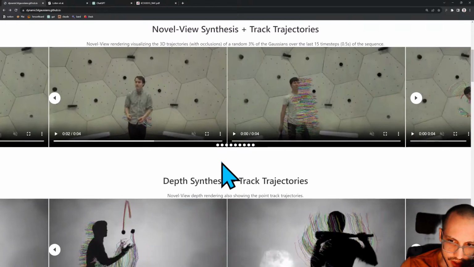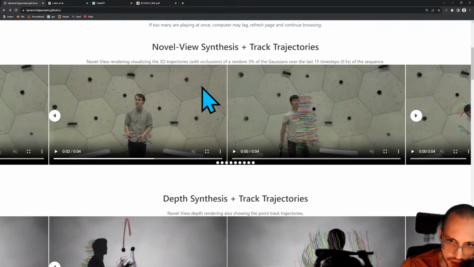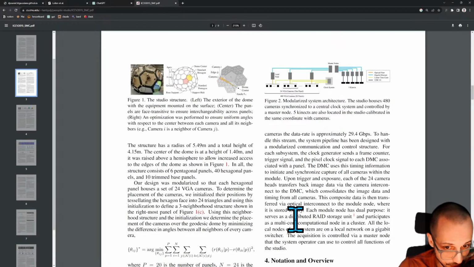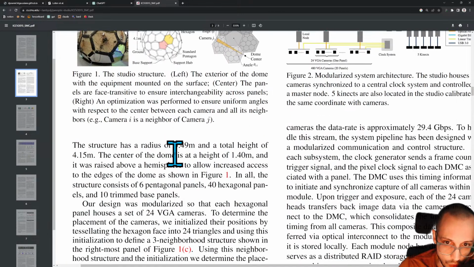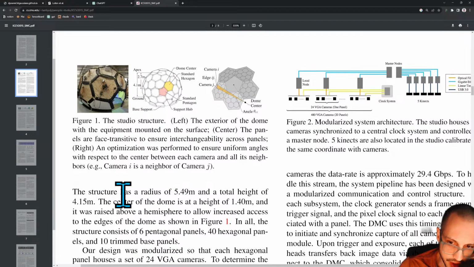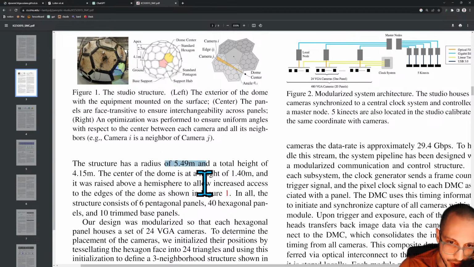So another thing I noticed here is this background. I was like, what the hell is this giant geodesic dome that they're standing in? And I actually went ahead and looked that up for you guys beforehand. So this is what they're standing in. It's a giant studio. It has a radius of 5.49 meters, total height of 4.15 meters. The center of the dome is at a height of 1.4 meters.